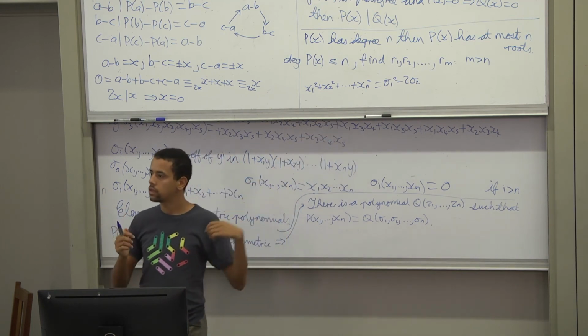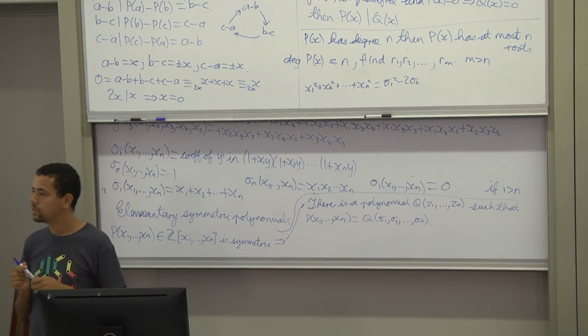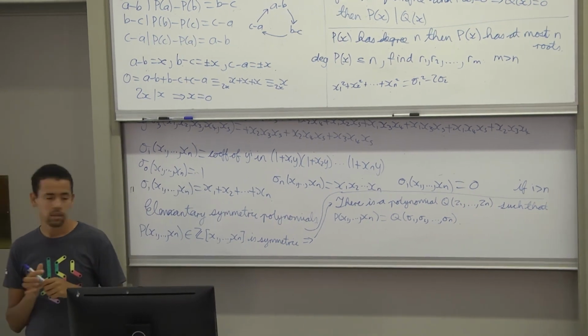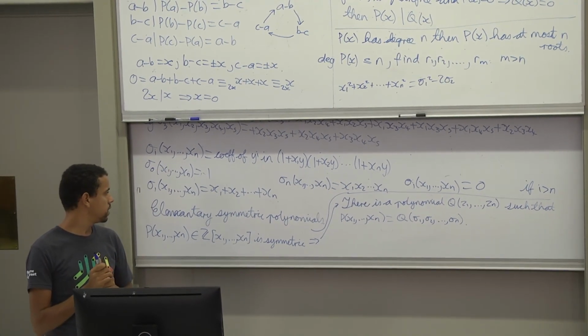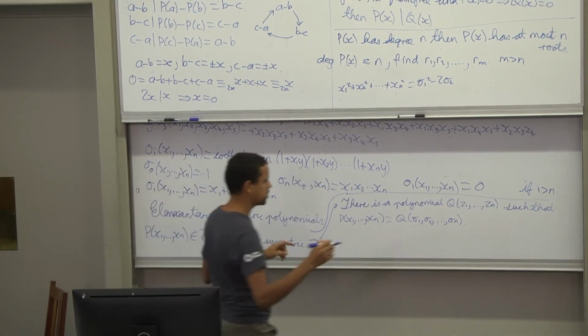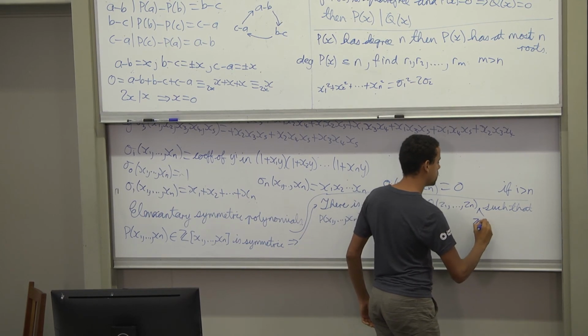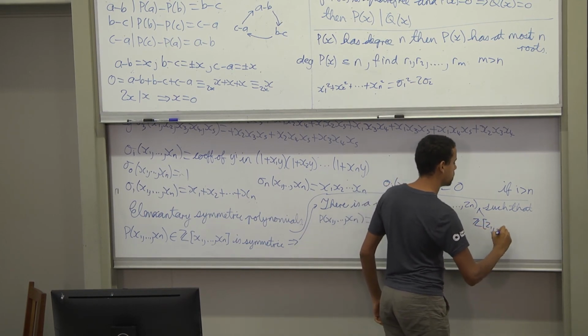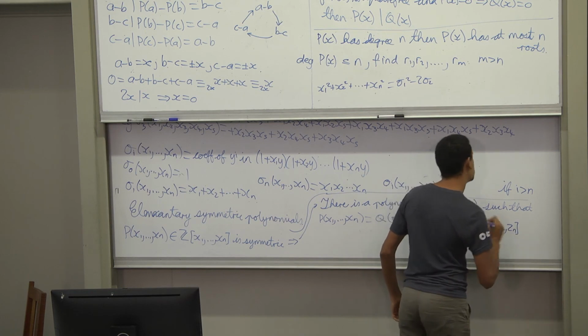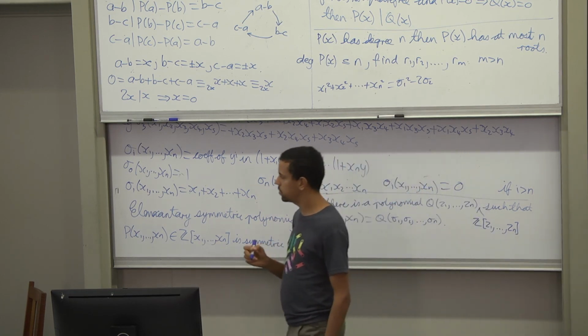Yes? So if the polynomial P has integer coefficients, will Q also always have integer coefficients? Oh, yes, yes. Sorry, forgot to mention that. Q also has integer coefficients. What if P has real coefficients? Then Q will have real coefficients.